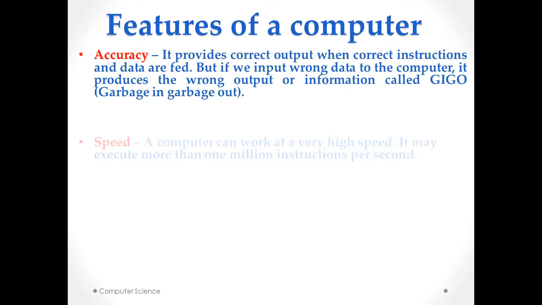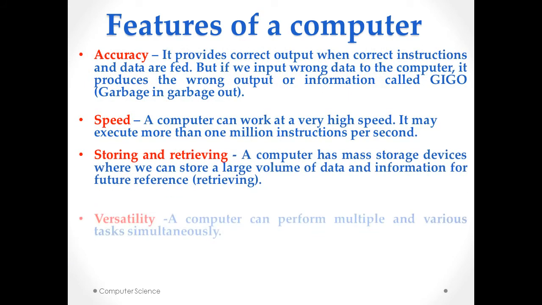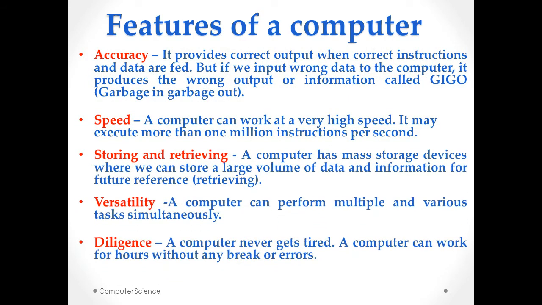When we talk about features of computers, there are many features, but I have taken 5 main points as 5 main features, right? So the first one is accuracy. It provides correct output when correct instructions and data are fed.